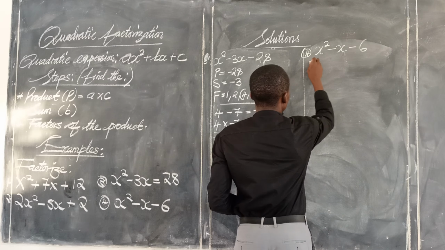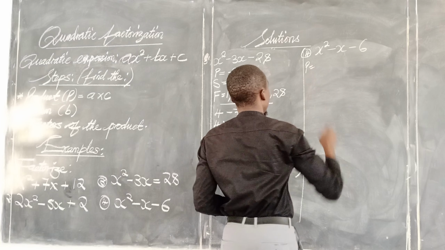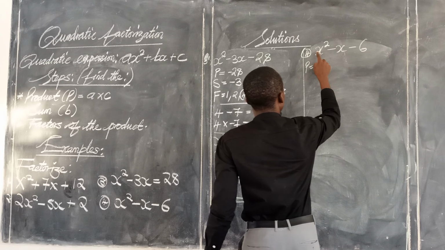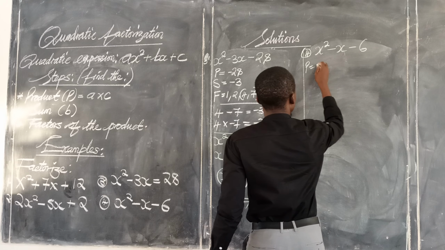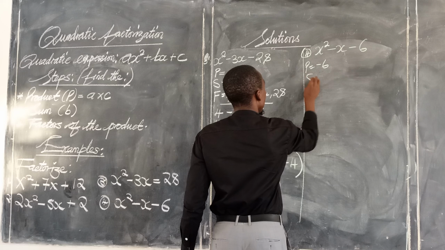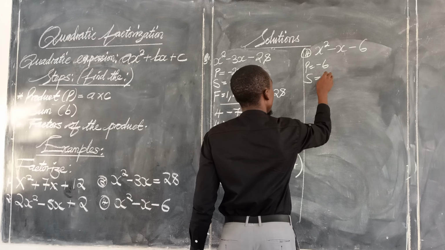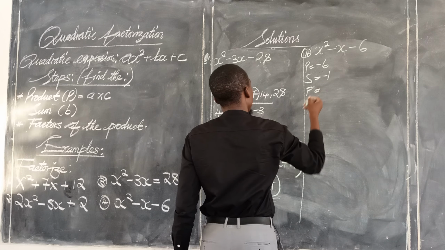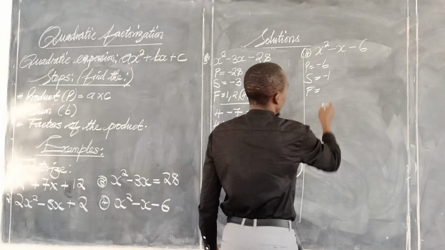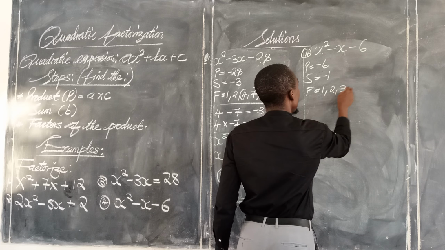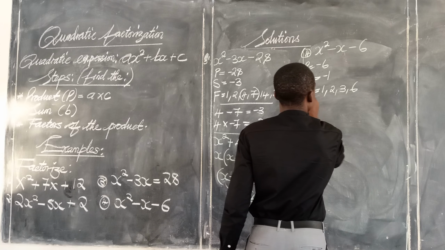As usual, we find the product. What is our product there? 1 times negative 6, so it is negative 6. Our sum is negative 1. What are the factors of the product? We have 1, 2, 3, and 6 itself.